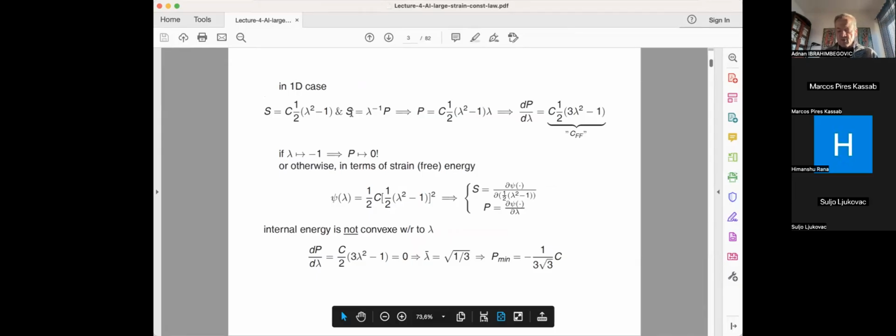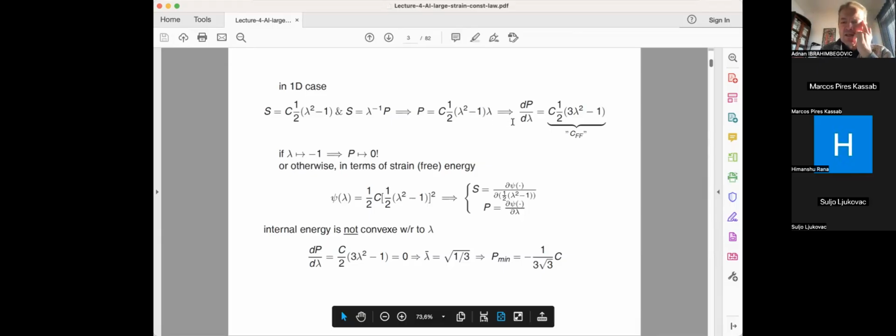True stress or Cauchy stress has the same numerical value in 1D as the first Piola-Kirchhoff stress. Recall the first Piola-Kirchhoff stress was lambda minus 1, that means 1 over lambda times P. So P would be equal to lambda times S. That becomes C times 1/2 (lambda squared minus 1) times lambda.